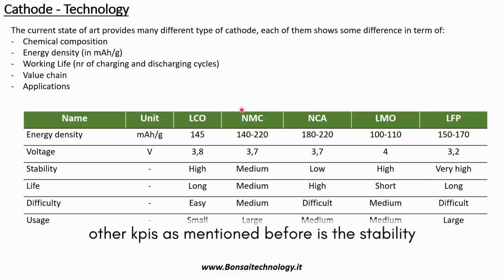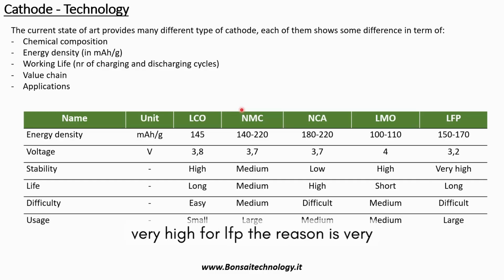The other KPI, as mentioned before, is stability, which is very high for LFP. The reason is that it works in a very wide temperature range, with long life for LFP and medium life for NMC.